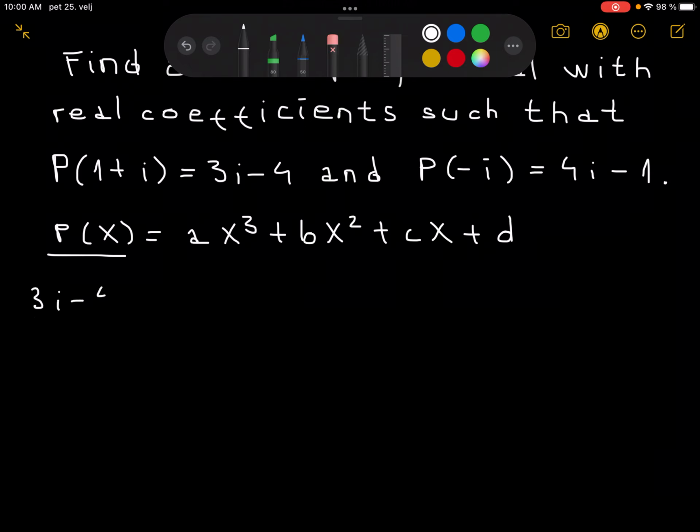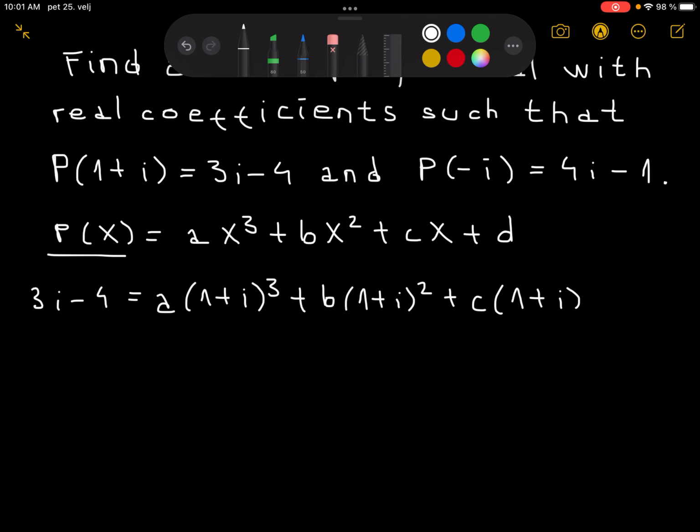So 3i minus 4 is equal to a times, and instead of x, we're going to plug in 1 plus i to the third power, plus b times, instead of x again, 1 plus i to the second power, plus c times 1 plus i and plus d.